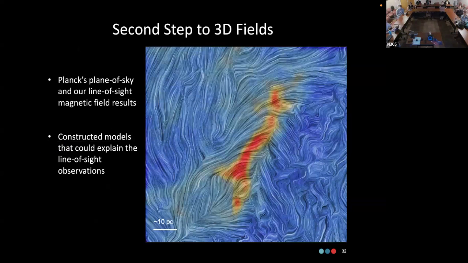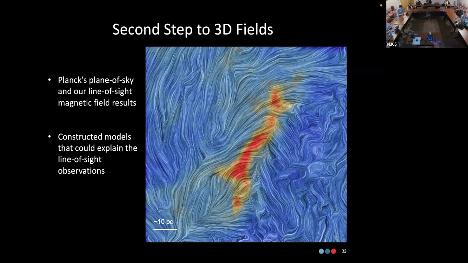So now with this, we have the line of sight magnetic fields of molecular clouds. Let's see how we can take a step forward to get the plane of sky magnetic fields. So here I'm showing the Orion A molecular clouds.